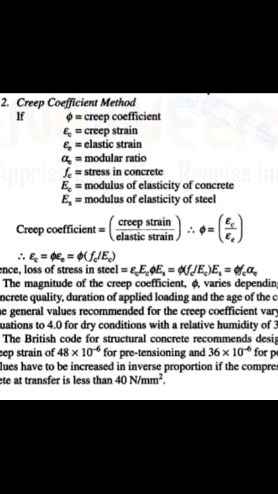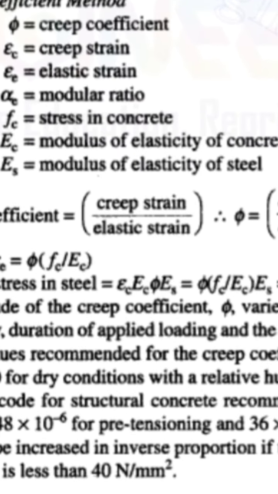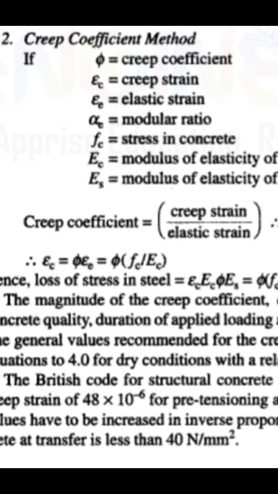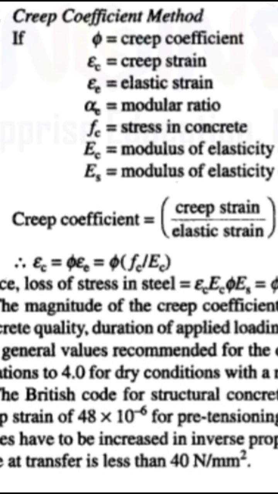Epsilon c, the creep strain, is equal to the creep coefficient phi times epsilon e. So the creep strain in the concrete is equal to the creep coefficient times epsilon e, that is the elastic strain in the steel. Okay, so that's what we have to determine.